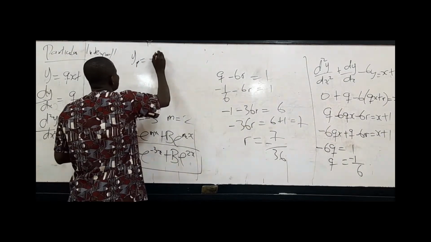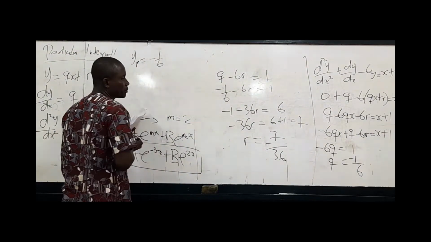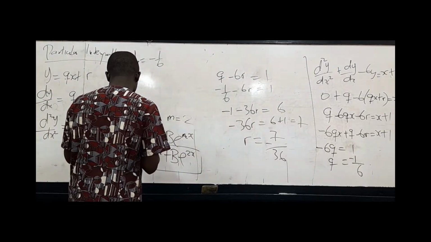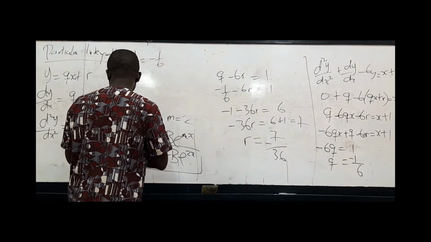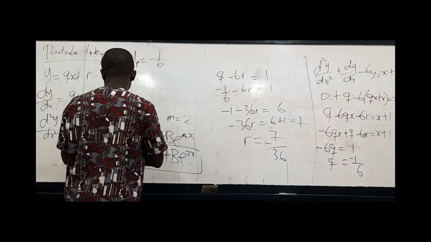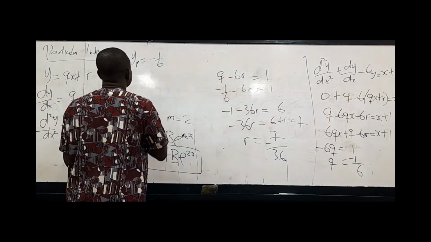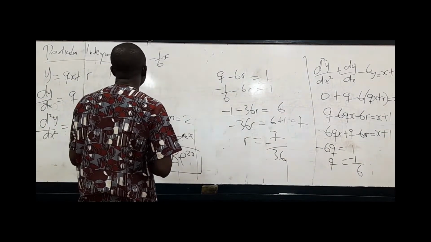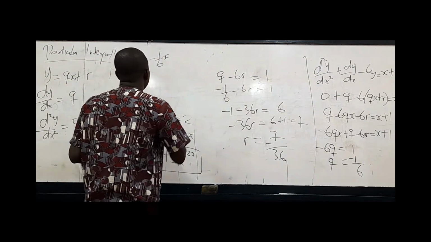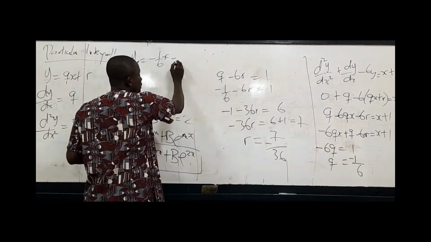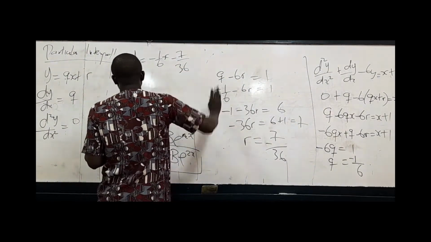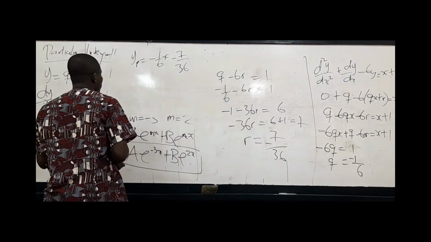Q is negative 1 over 6, so negative 1 over 6 times x. Yes, that's our q. Plus r, and r is minus 7 over 36. This is our particular integral.